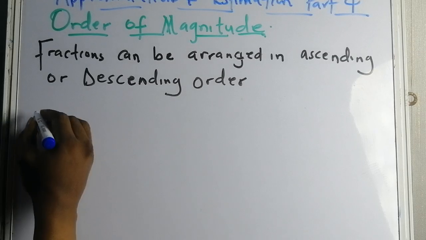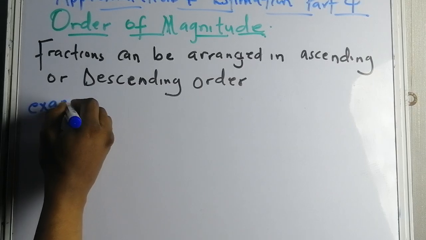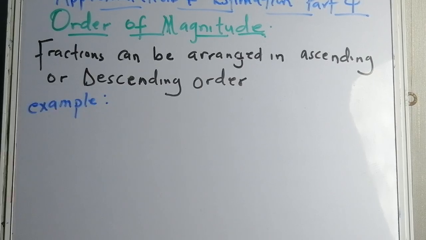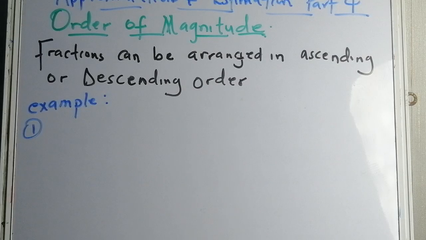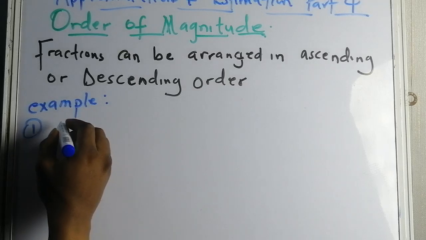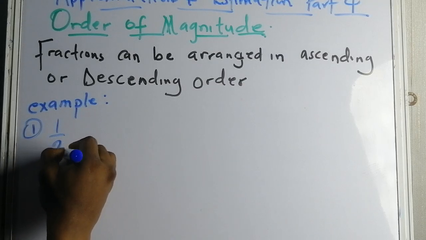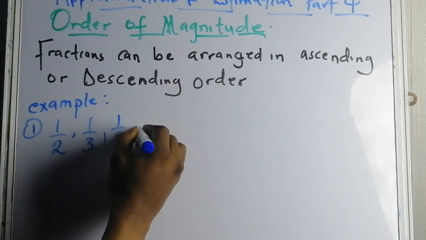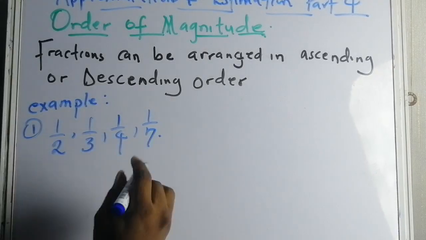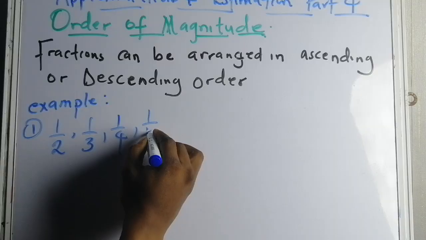So let me just give an example here. Example one. I'm just trying to use a kind of fabricated example. So when we have 1 over 2, 1 over 3, 1 over 4, and let me say 1 over 5.